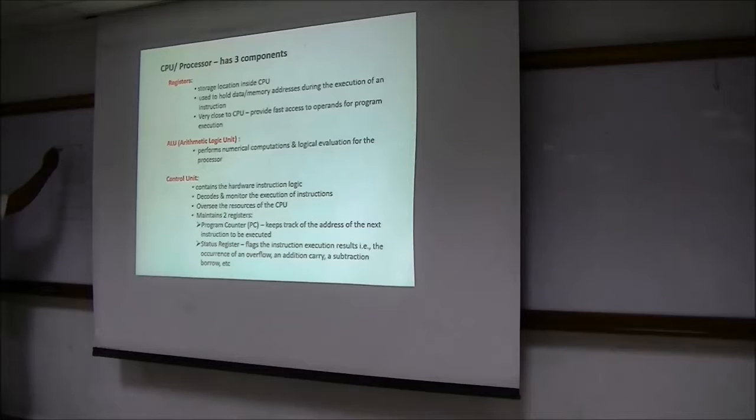Let's say you have the first instruction here, second instruction, third. In reality it doesn't look like this, later you will know. So let's say this is your program memory. We have two memories, one is program memory, one is data memory.